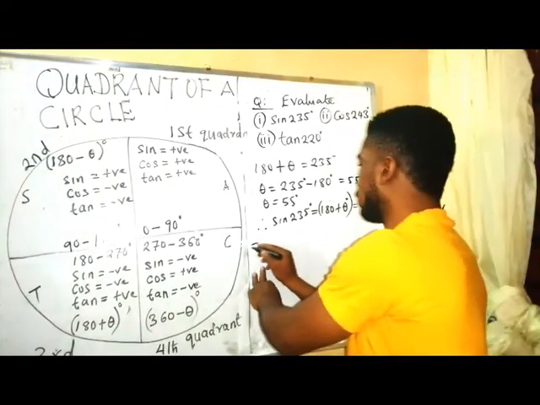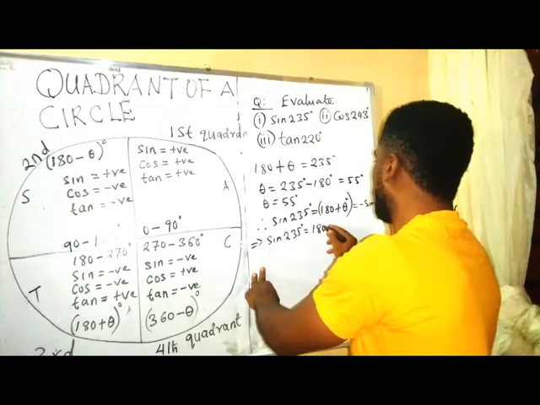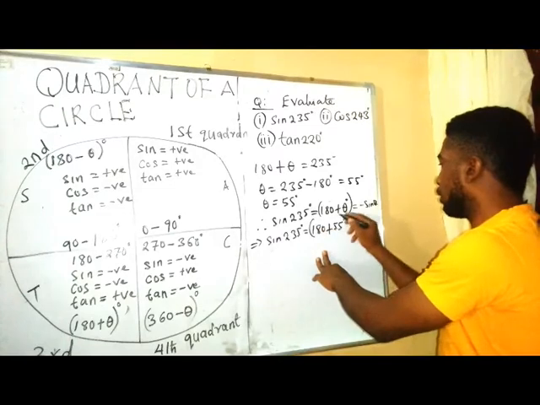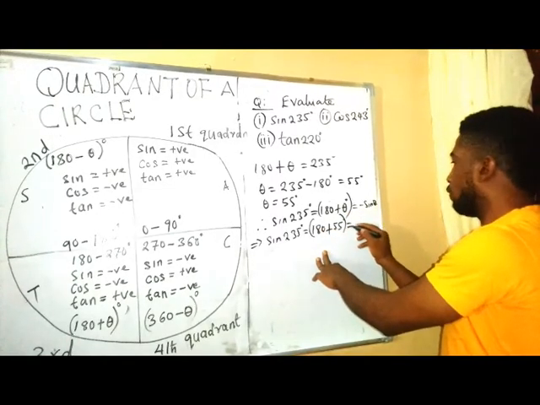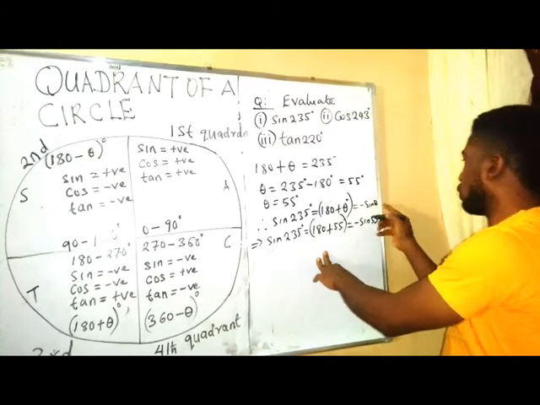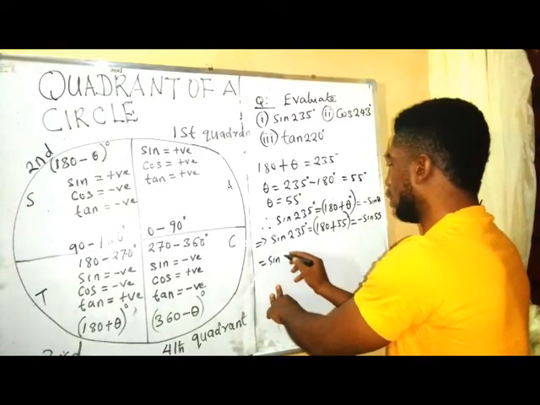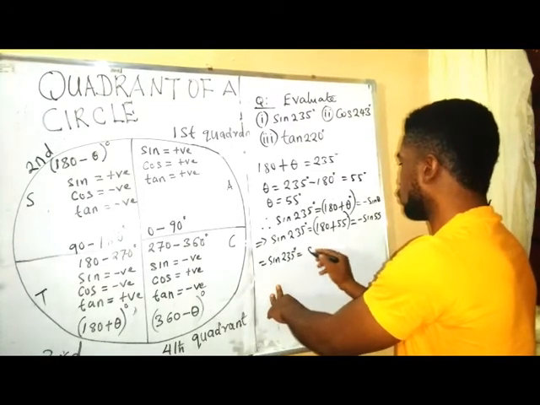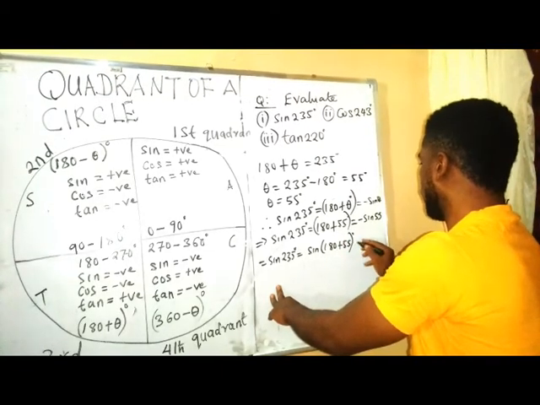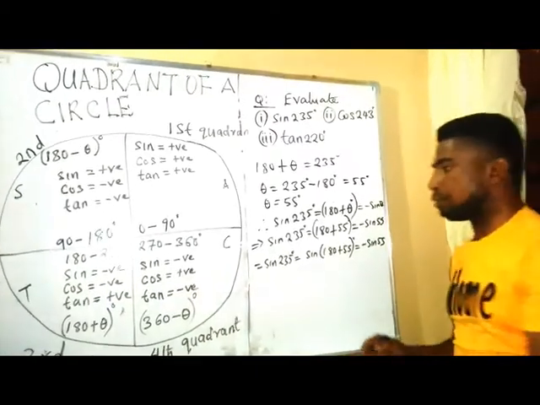Therefore, sine 235 degree is equal to sine of 180 plus 55 degree, and it is equal to minus sine 55 degree, because your theta is 55.